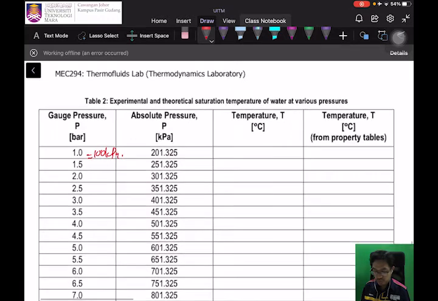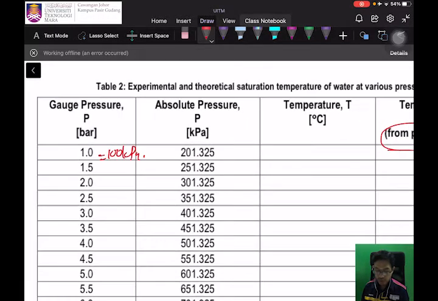But if you want to read from the steam table or property tables, you need to look at the absolute pressure. So you need to convert the gauge pressure value from the apparatus into absolute pressure. You need to add 1 atm, or 101.325 kPa, and you will get this value.